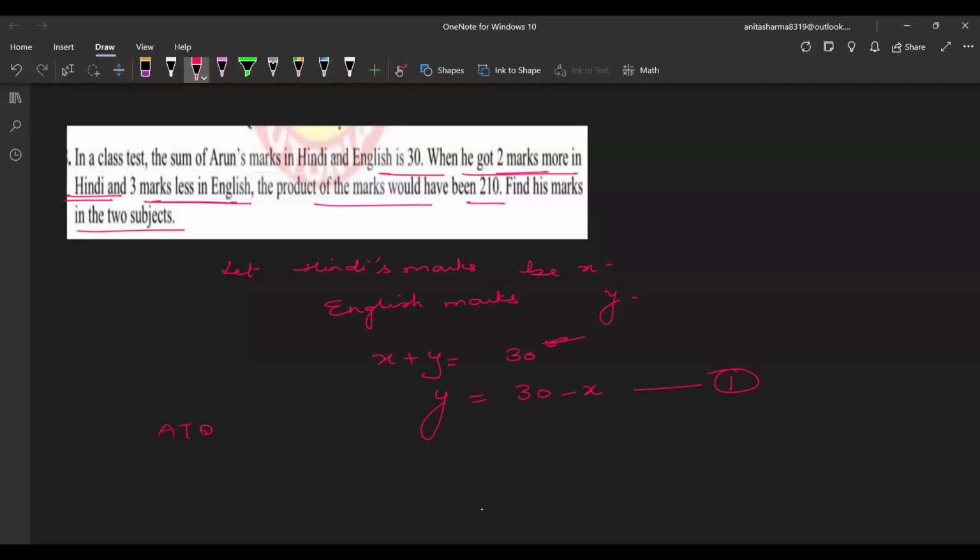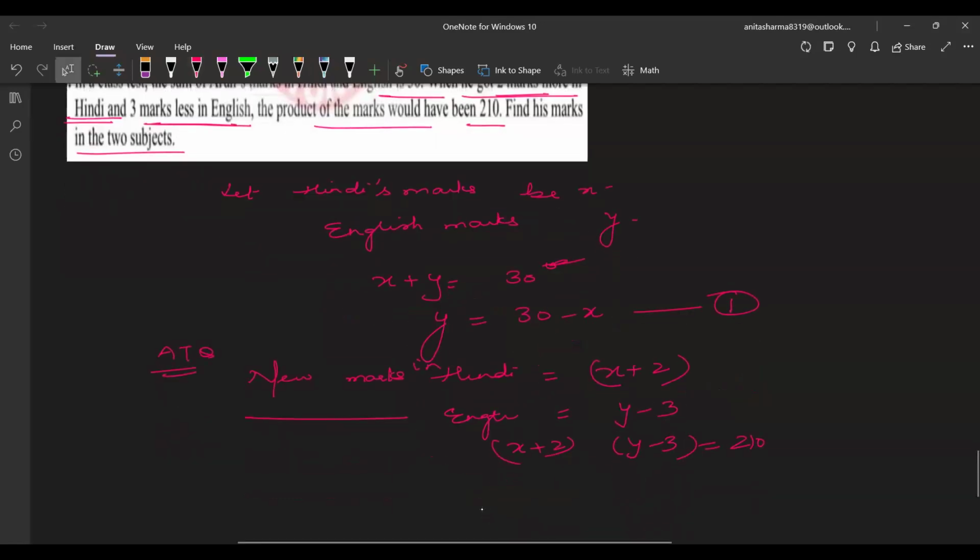So according to the question, the new marks in Hindi will be more, so X plus 2, right, beta? New marks of English will be less, so Y minus 3. Their product is 210, which means (X plus 2)(Y minus 3) equals 210. Clear? So now put the value of Y as 30 minus X here: (X plus 2)(30 minus X minus 3) equals 210.